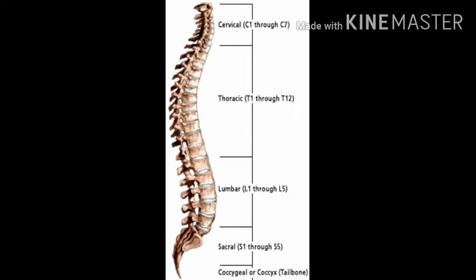The vertebral column is divided into cervical region, thoracic region, lumbar region, sacral region and coccygeal region. Cervical vertebrae 7 in number, thoracic vertebrae 12 in number, lumbar vertebrae 5 in number, sacral vertebrae 5 in number and coccygeal vertebrae 4 in number.